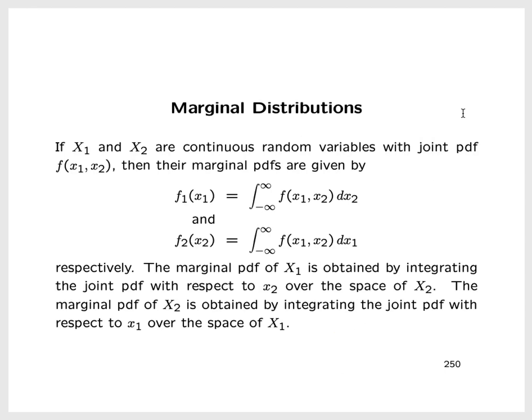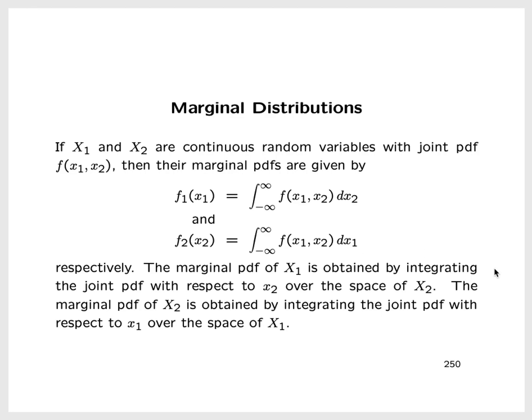Now, if x1 and x2 are continuous random variables with joint PDF, again denoted by lowercase f, then their marginal PDFs are obtained not by summation but via integration. And so to obtain the marginal PDF of x1, we integrate the joint PDF with respect to x2 over the entire real line. And to obtain the marginal PDF of x2, we integrate the joint PDF with respect to x1 over the entire real line.